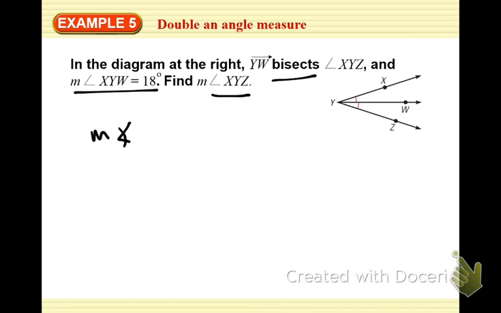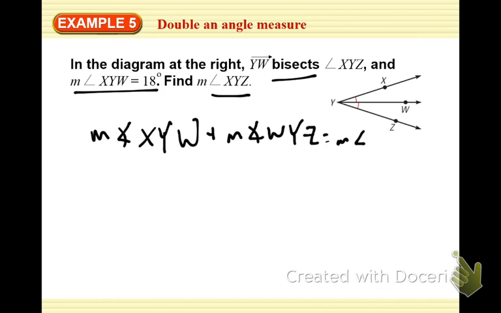So I know the measure of angle XYW plus the measure of angle WYZ has to equal the measure of angle XYZ. And then plug in what we know. Angle XYW is 18 degrees, so this one's 18.